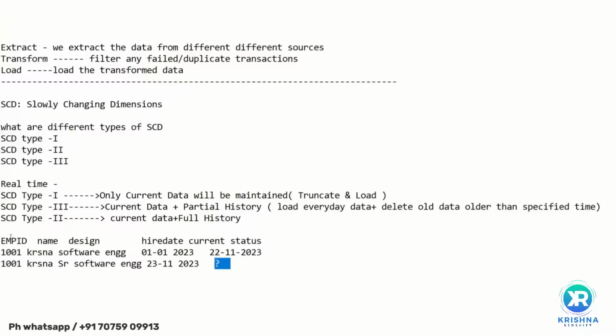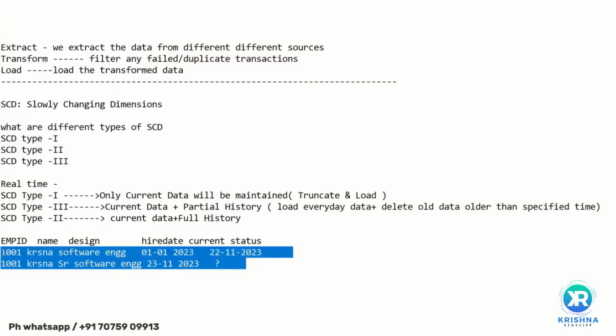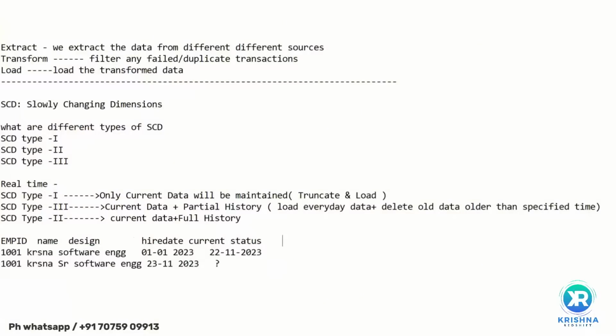So like that, from beginning to end, you will see every status. For example, there is another column, the department name. He was working in the data warehouse team. Then in the new role, let's say he changed the team.